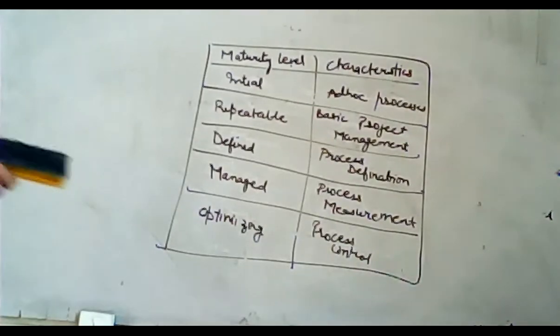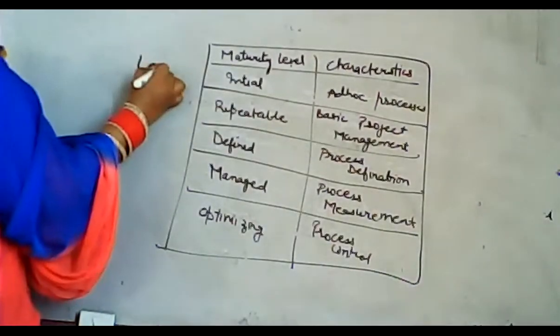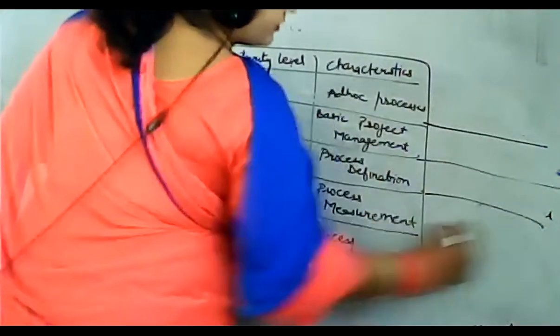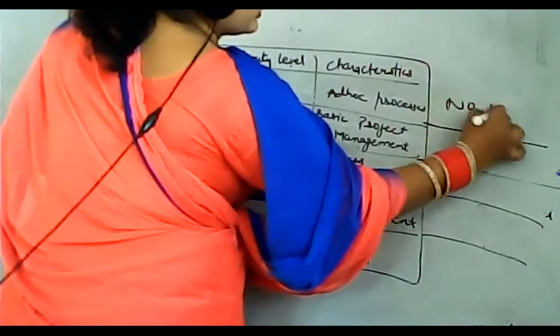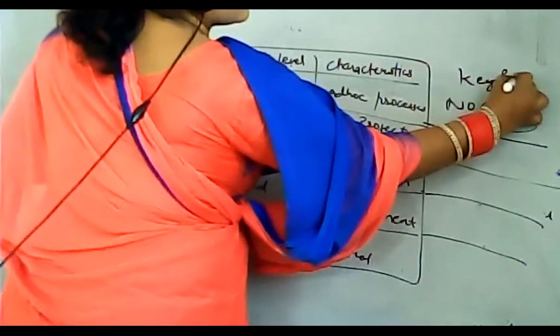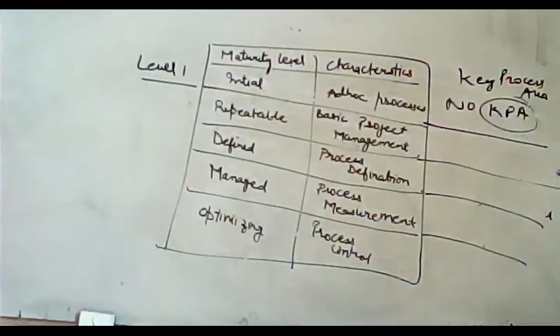In case of the first level, level one, there is no defined key process area. It deals with ad hoc projects that are not continuous projects. So there is no key process area to deal with in the initial level.